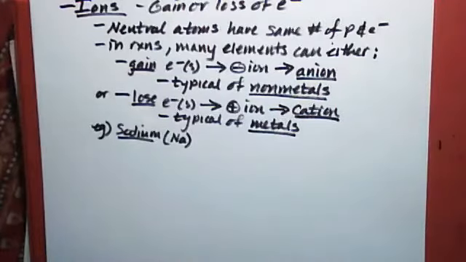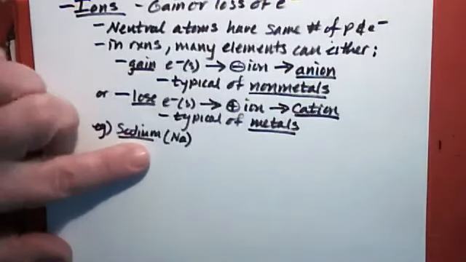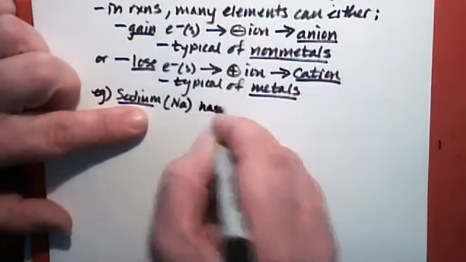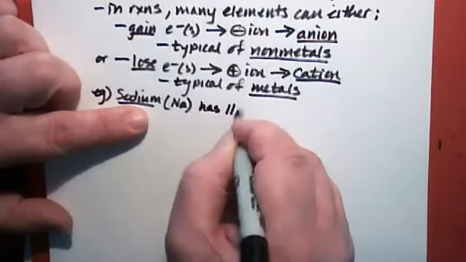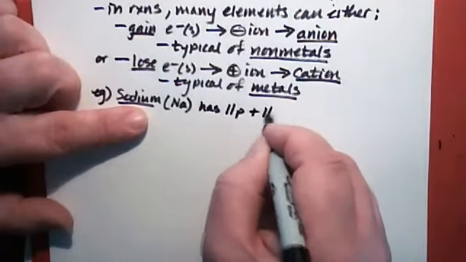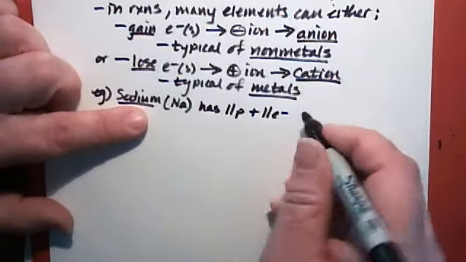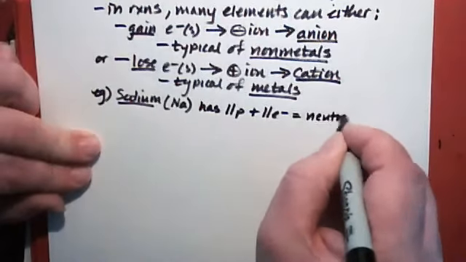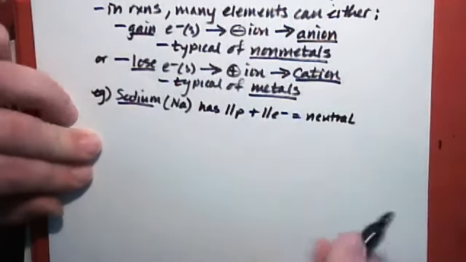So looking at some typical examples here, we have the metal sodium, which as an atom has 11 protons, being atomic number 11, and 11 electrons, so it's electrically neutral as an atom, as it's listed in the periodic table.